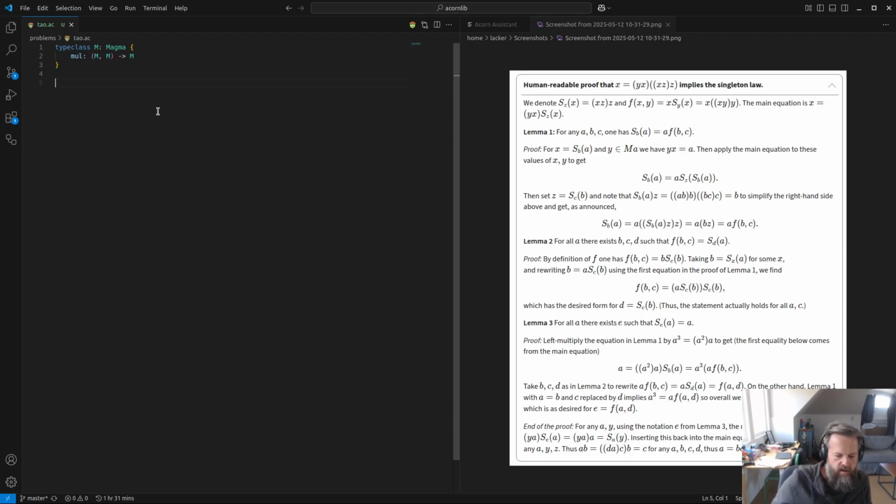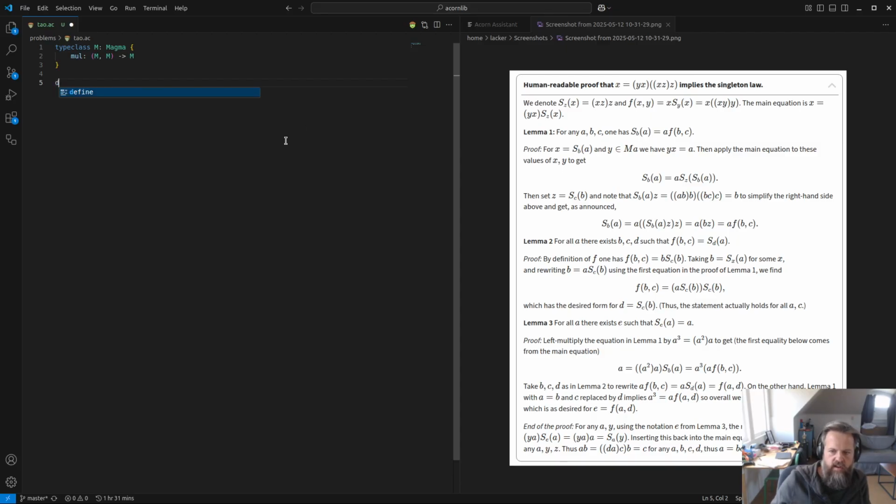So the basic point of this theorem is that we have this assumption of this big equation that's going to hold, the main equation, x equals y x s z. So we're going to have to define some of these things.